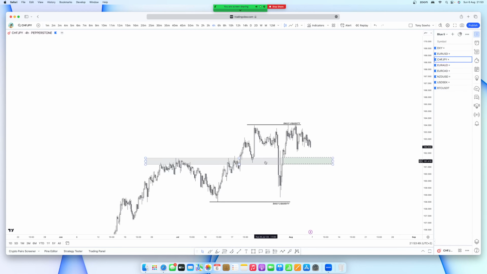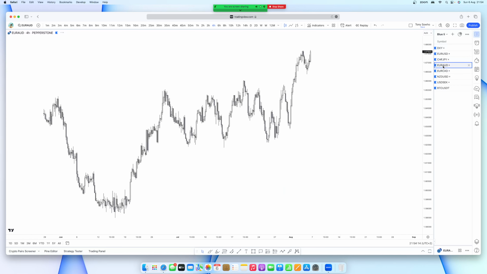It would make sense if they would come down to this area and then go up, because for Euro JPY, remember we're also looking for higher pricing. So if this daily liquidity is going to be the target, that means if they want to go for this one first before this one down here, then most likely this area would be a good area where price will reject from. So that's for CHF JPY.